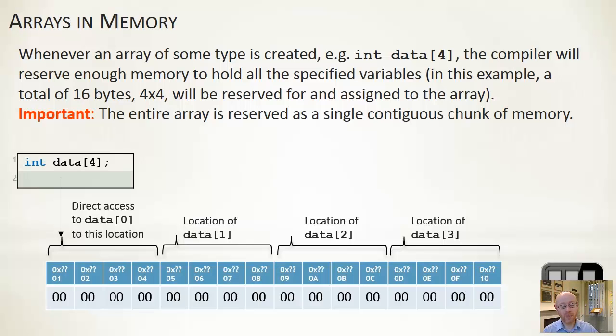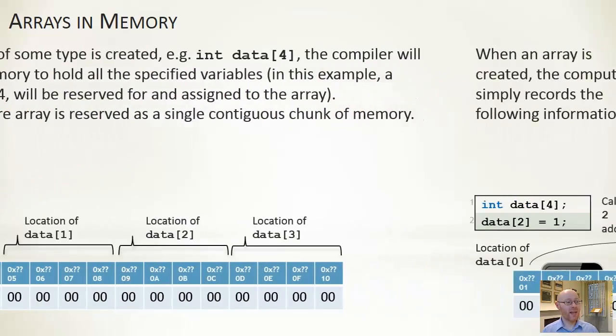Because we know the type or the content of the array, we can space out different locations within that, offset from that, that hold the different element values, the first element, the second element, and so on as we go through the array.